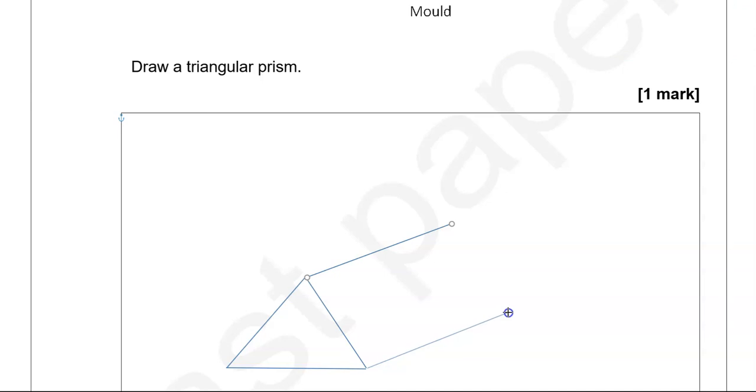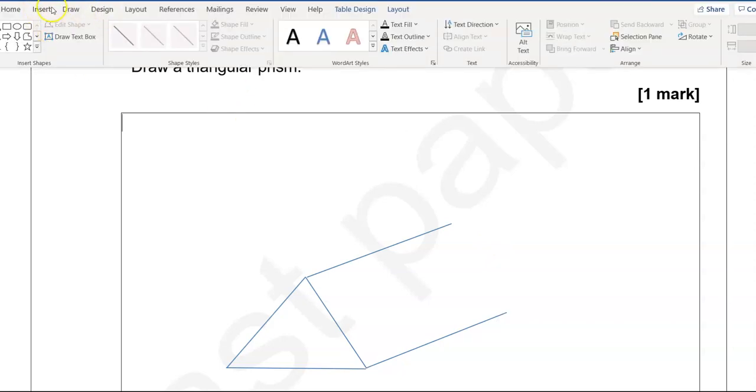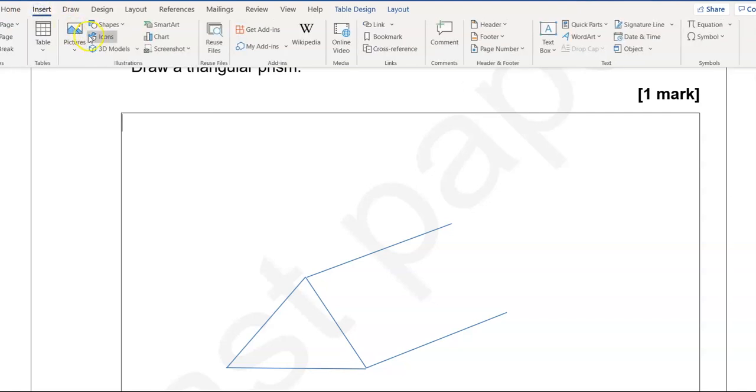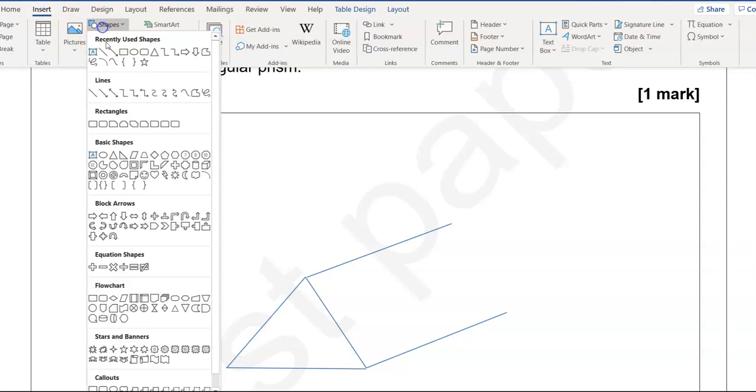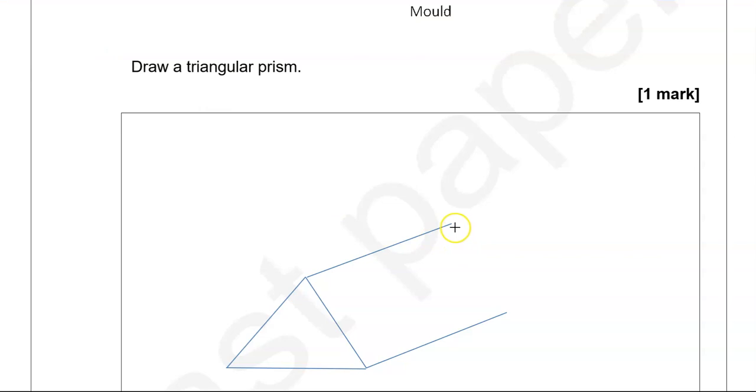So these two lines should be parallel. And this line with this should be parallel.